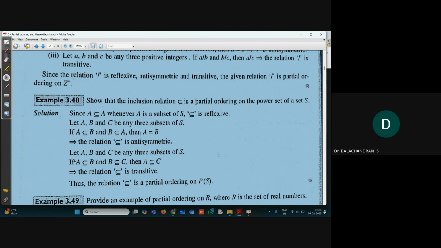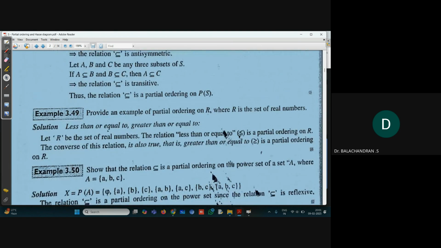And third one, transitive. So A related to B means A is a subset of B. B related to C implies B is a subset of C, which implies A is a subset of C, and hence A is related to C. So therefore the relation is transitive, and hence this is a partial ordering on P of S, meaning the power set of S.